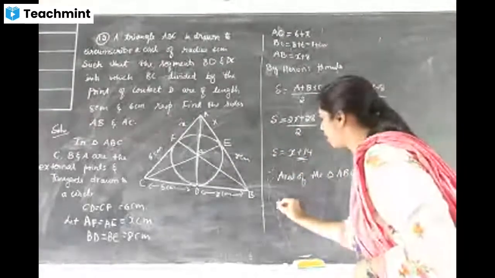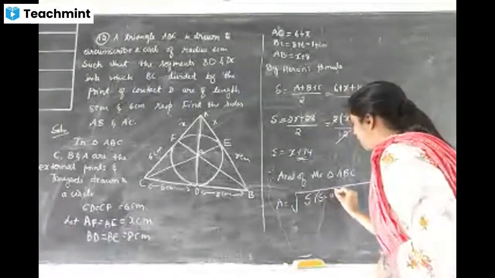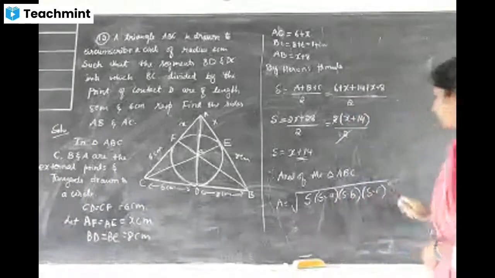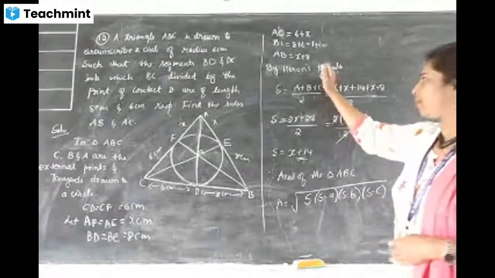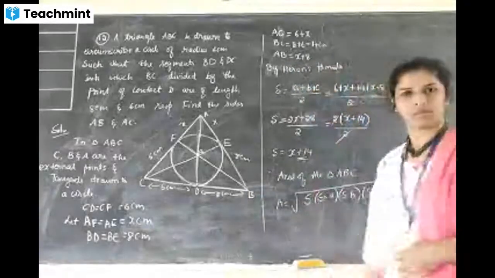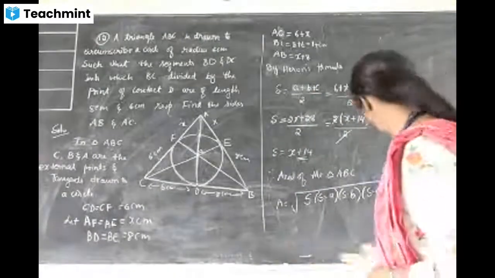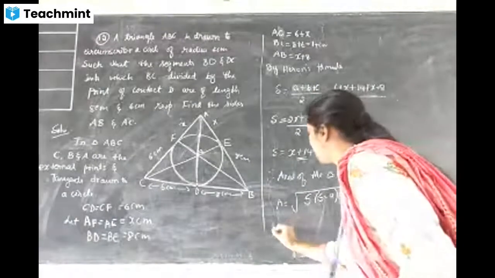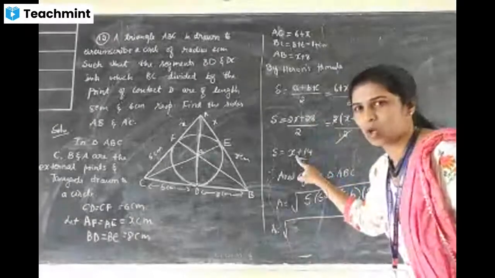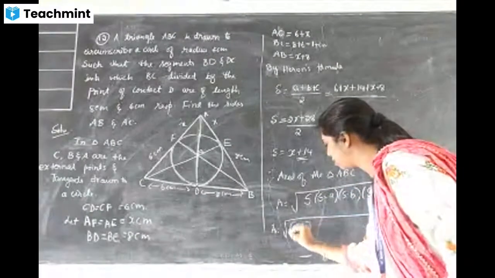Write the formula once: area is equal to the square root of S into S minus A into S minus B into S minus C. You can write it in small letters or capital letters, both are the same. Once we substitute, S is x plus 14, careful because S is also a bigger one. Write x plus 14 in the bracket.